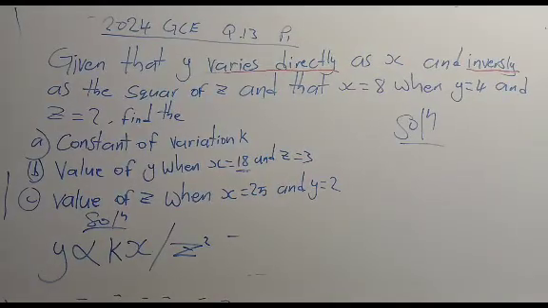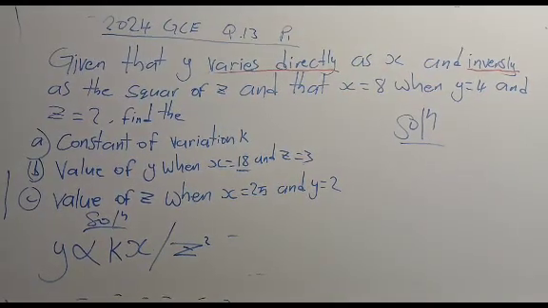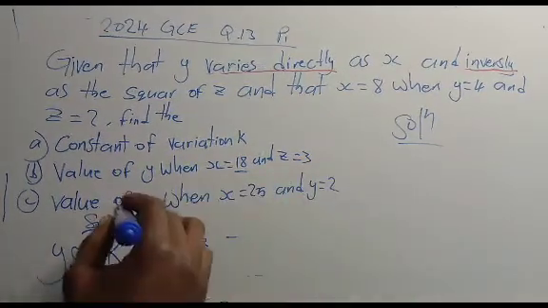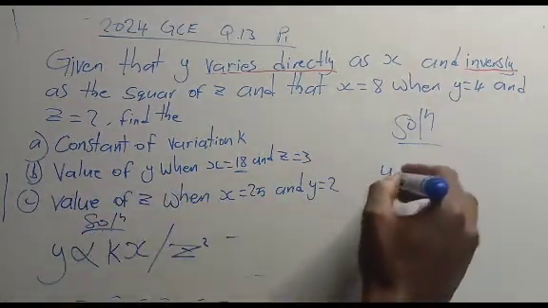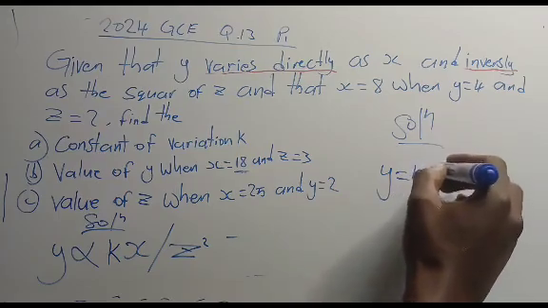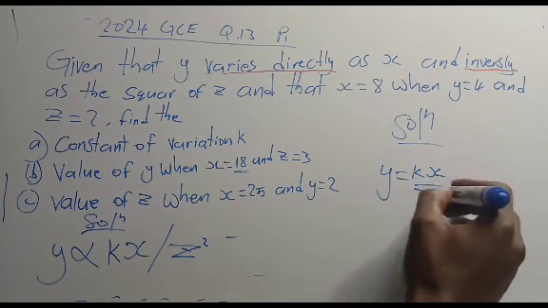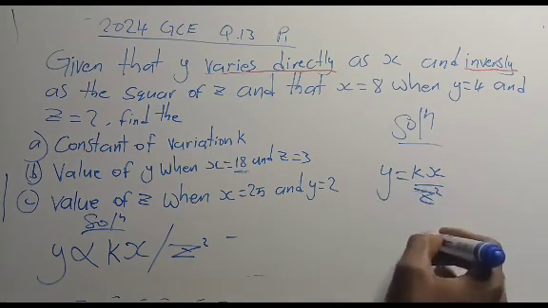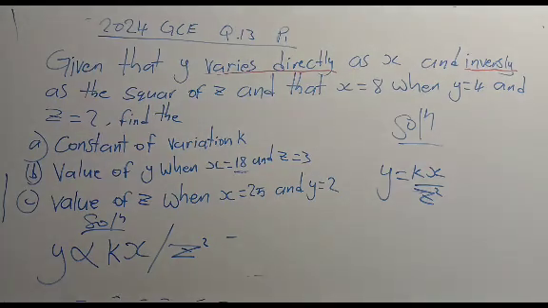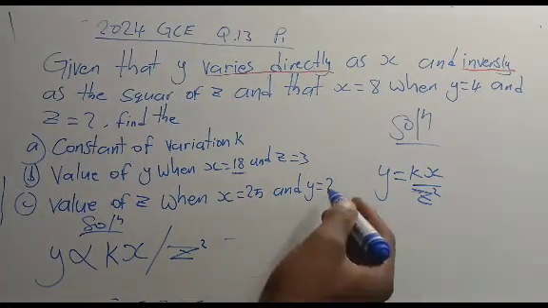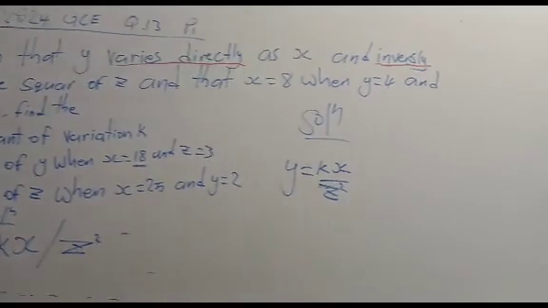So for the next question, they are saying we should find the value of z. But remember our formula is y is equal to kx over z squared. So we should find the value of z when x is 25 and y is 2.